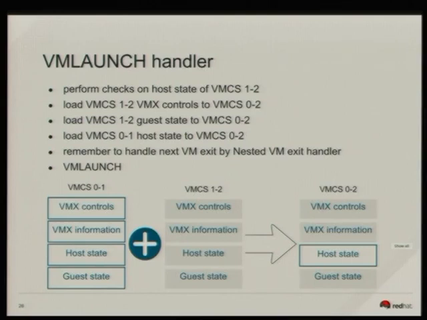And when the new VMCS is merged out of the L0 VMCS and the VMCS in L1, then L1 can do a VMLAUNCH that's going to enter L2, as we say. For better clarity, these VMCSs are called VMCS 0-1, which means that it enters from L0 to L1, and VMCS 1-2 is from level 1 to level 2, and the result is VMCS 0-2, going from level 0 to level 2.